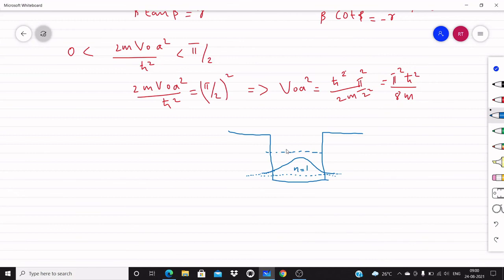And for n is equal to 2, it should be symmetric like this. Okay. So in all the cases, you have a value of wave function getting penetrated into region 1 and 3. This is 2.